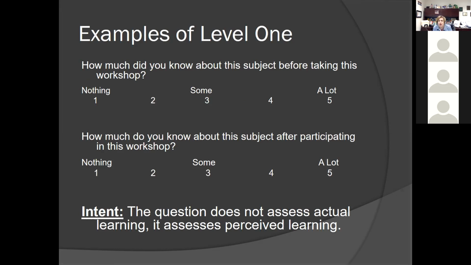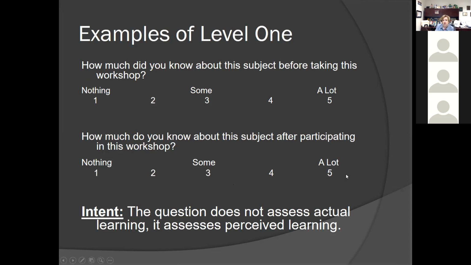Because a lot of times, if you do a true pre-post, you ask them how much they know about this, and they're going to say a lot. Then they come to the workshop and learn so much more, but there's nowhere to go on the scale. They think they know everything they need to know, but then they find out, no, I really didn't know. That's why the pre-post reflective is almost a little bit better of a model.